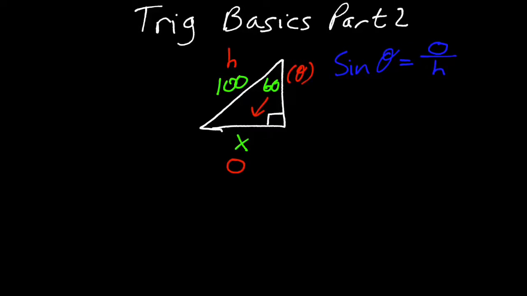So let's fill in what we know. We know the angle, so it's the sine of 60 degrees. We know the hypotenuse, which is 100. But we don't know the opposite side. That's our x.